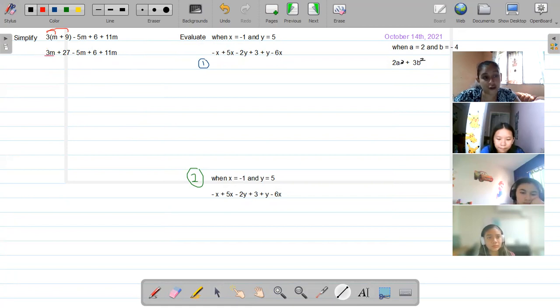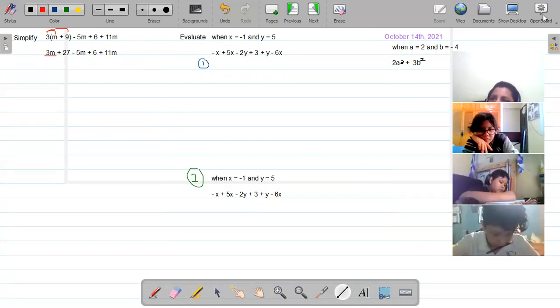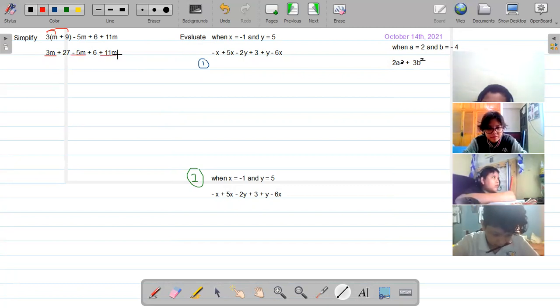We have another term that has the variable m in there. Which one, Paola? 5m and 11m. Okay, just remember to take into account the sign to the left. So in this case, negative 5m and 11m.